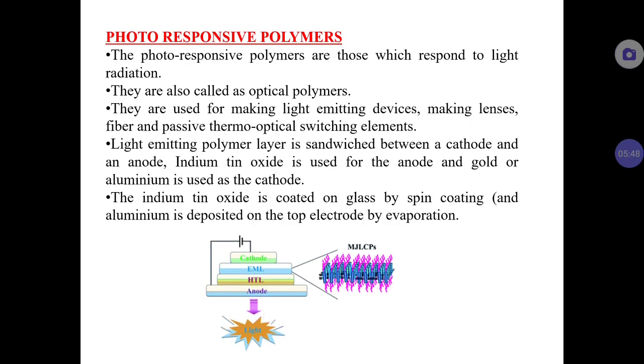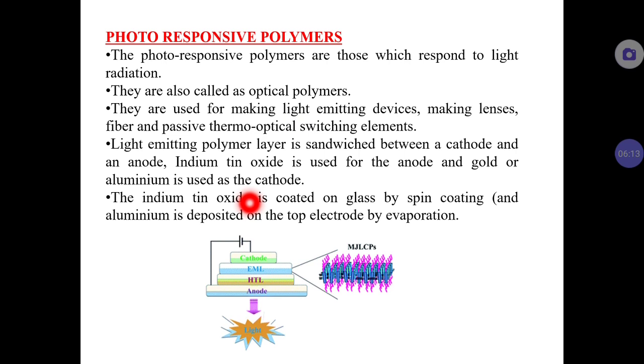The next topic is photoresponsive polymers. These photoresponsive polymers are those which respond to light radiation, as the name indicates. They are also called optical polymers, and these materials can be used for OLED purposes, light emitting devices.